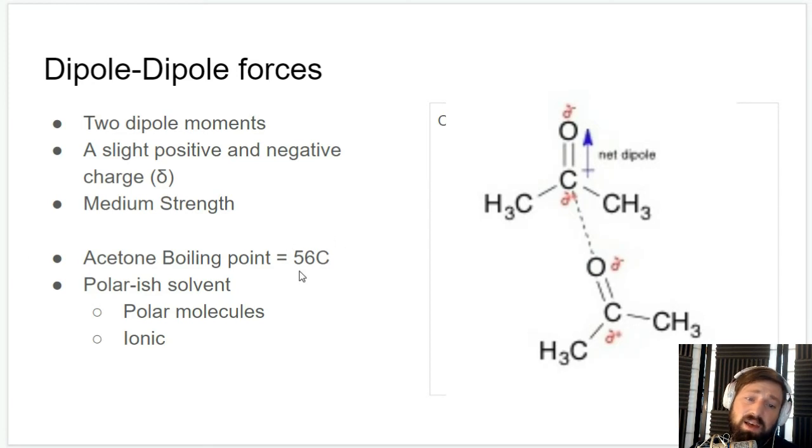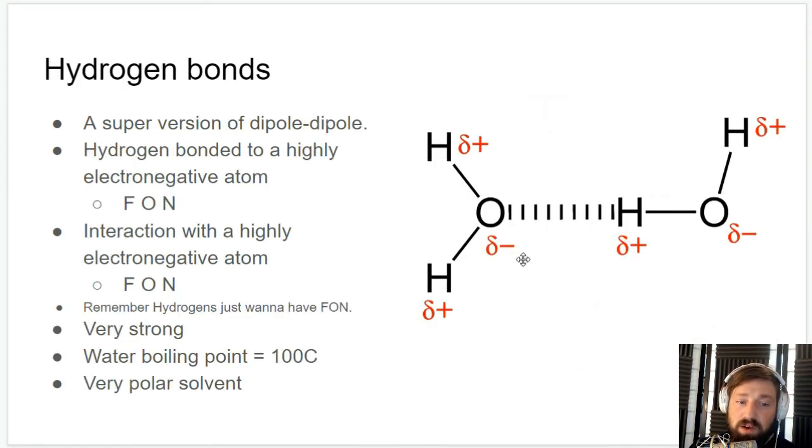That's pretty hot. And if you look at acetone, its boiling point is only 56, 44 degrees lower than water. That means that this interaction is going to be a lot easier to break at lower temperatures. It requires less energy, less temperature, to break this interaction than this interaction does.